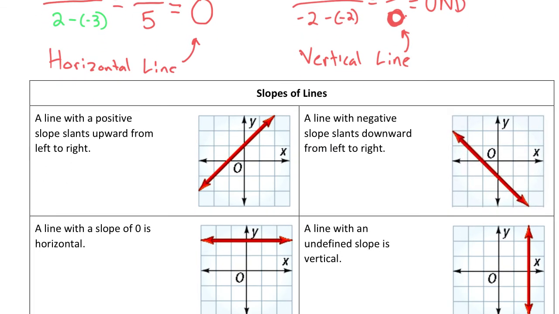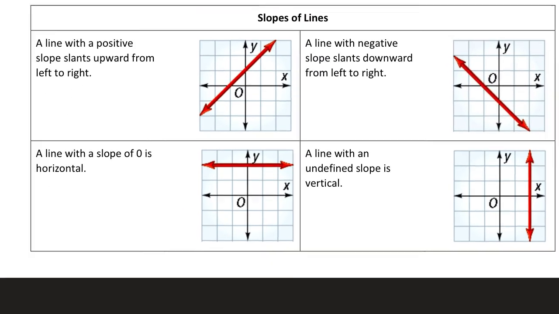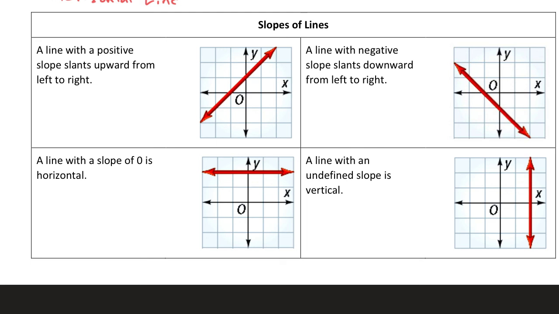So this helps us keep those things straight, okay? A positive slope is a line that goes up from left to right. Negative slope goes down from left to right. Horizontal lines are just flat. Vertical lines go straight up and straight down. So those are the things I want you to know about slope. Now you can move on to the practice, to get some practice reading it from a table, a graph, and 2 points.